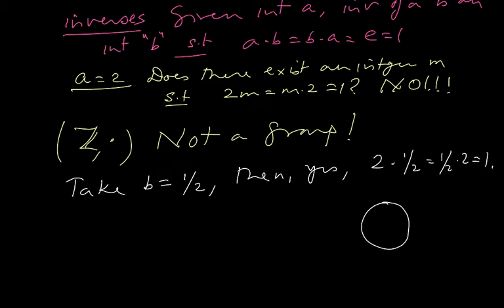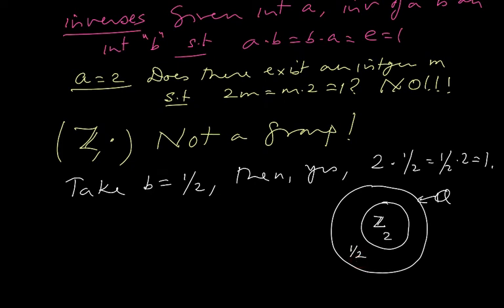You see, you have Z inside this circle, for instance, and you have here the rationals, which we denote as Q out there. It's a strictly bigger circle. And you have 2 in here, and a half is outside of this circle. So the quote-unquote inverse we have found is outside the circle that 2 lives in.